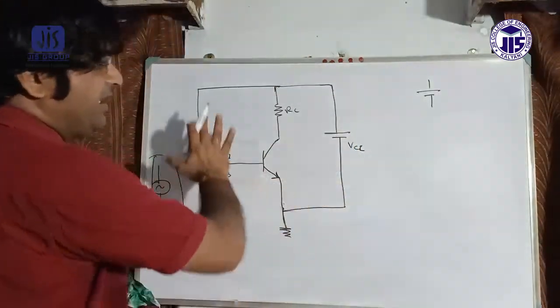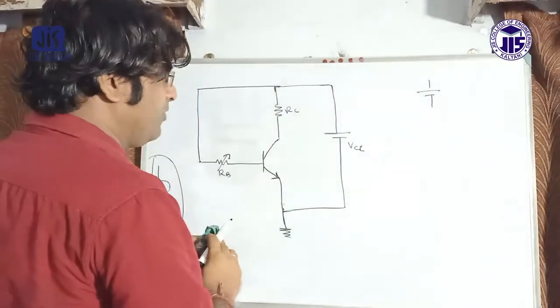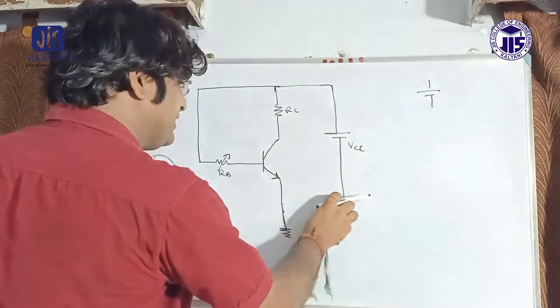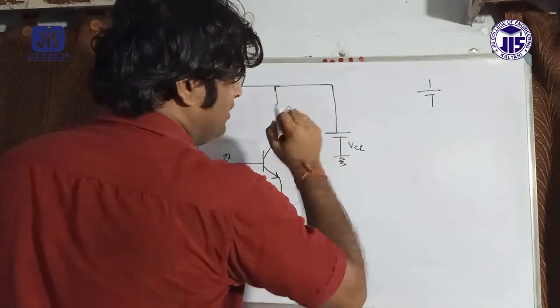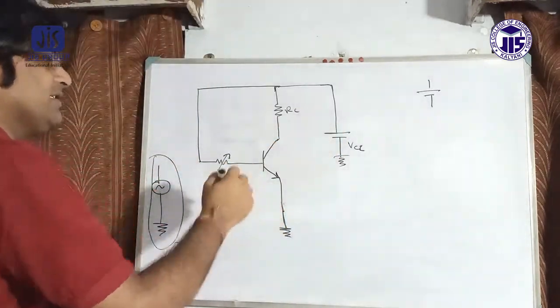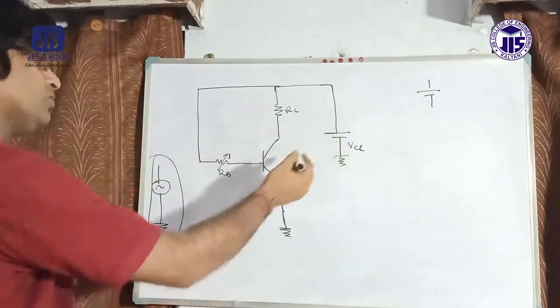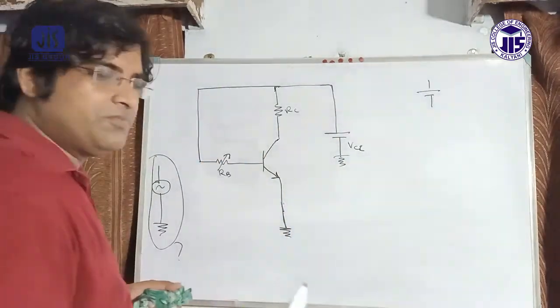I am ornamenting and simplifying this circuit properly. We can represent it that way, because this ground and this ground are common. So we can represent it like that.